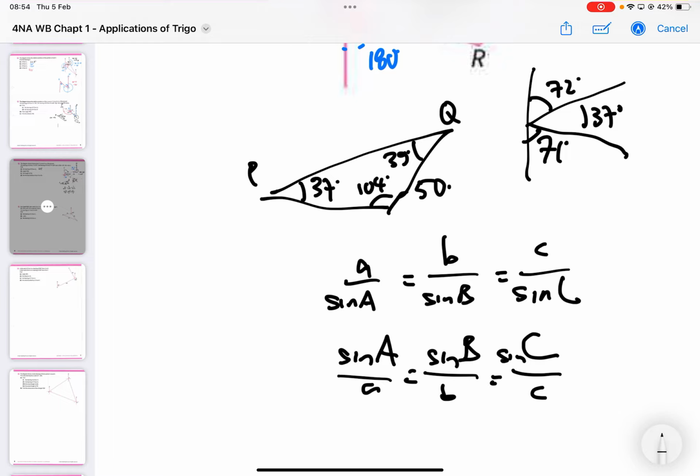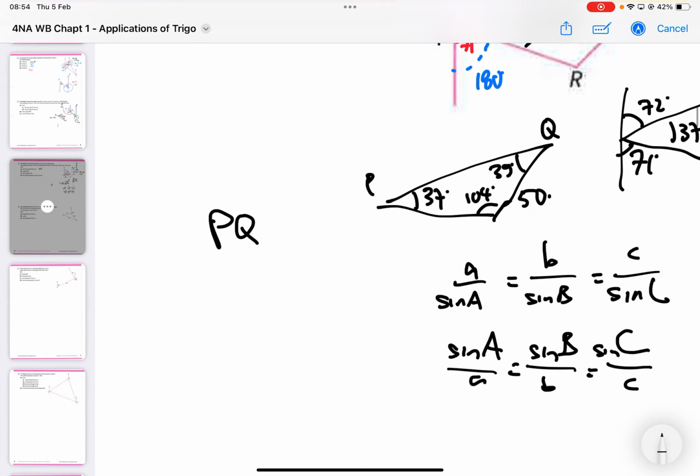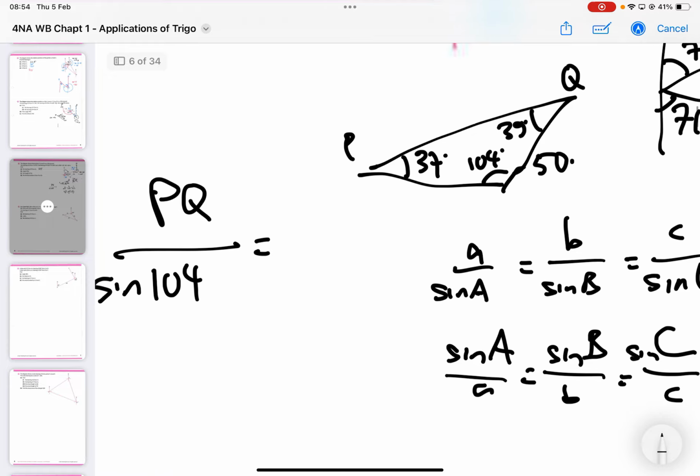So I use sine rule, I put my PQ over the opposite angle, sine 104. Then I use the known pair. My known pair is 50 facing 37, so I'll put my 50 over sine 37.